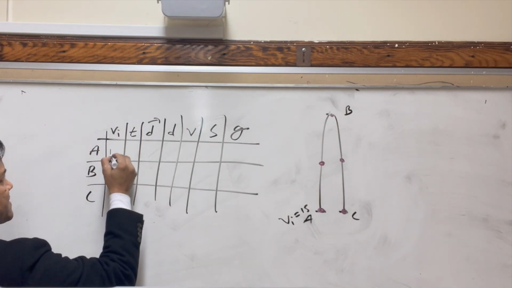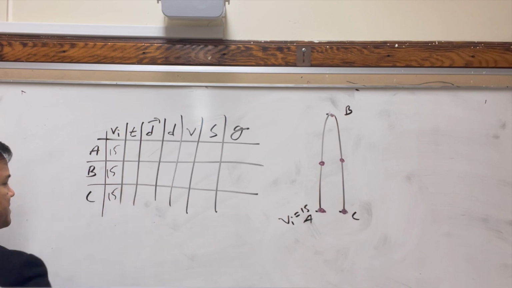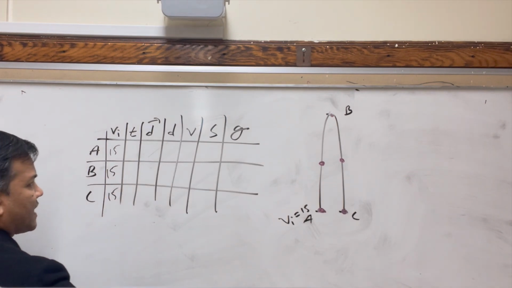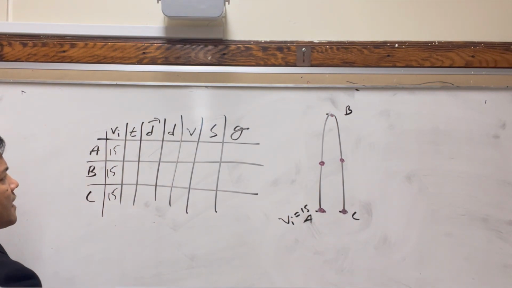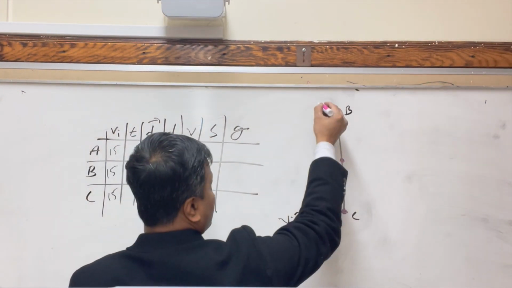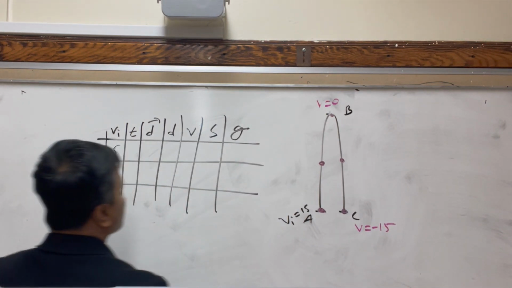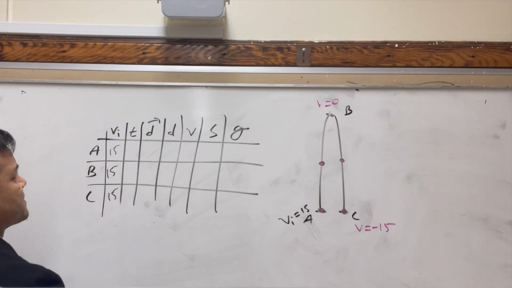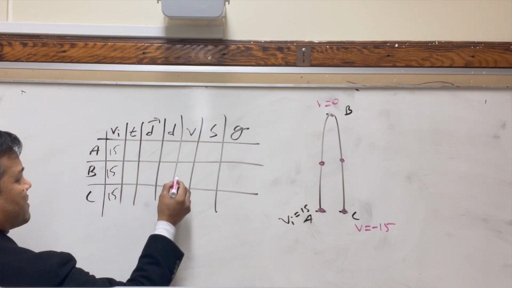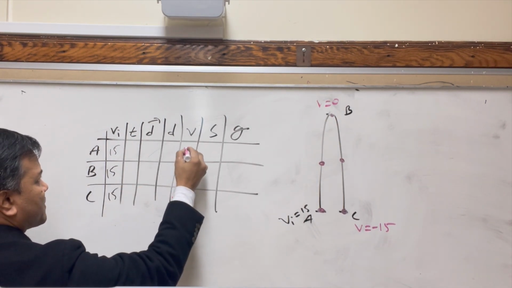Initial velocity is 15 at location A, 15 at B, and 15 at C. Before I find the time, let's find the final velocity. Velocity is 0 over here, and velocity is negative 15 over here. So let's write it down: the velocity at this location is 0, then minus 15, and 15 over here.